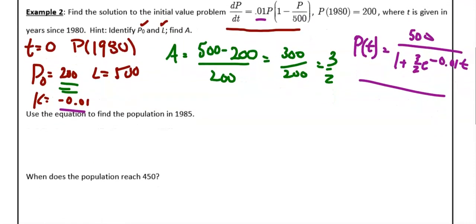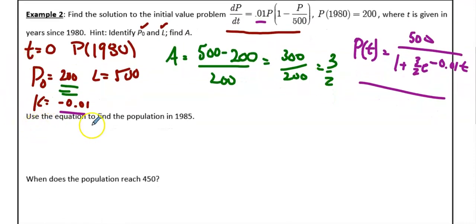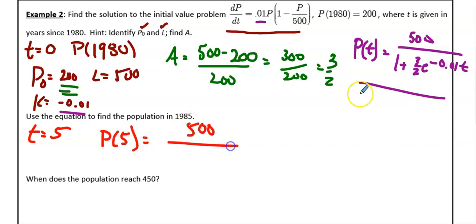So, question number, well, let's just say this part right here. Use the equation to find the population in 1985. Well, guys, all this is really asking us to do is find the population when time equals 5, right? Because t is represented in years since 1980. So we're going to use P of 5. We are going to use our calculator, and we're just going to take the equation that we have.